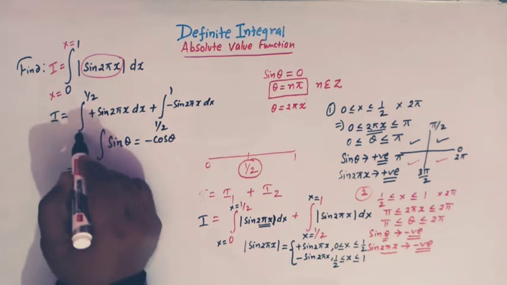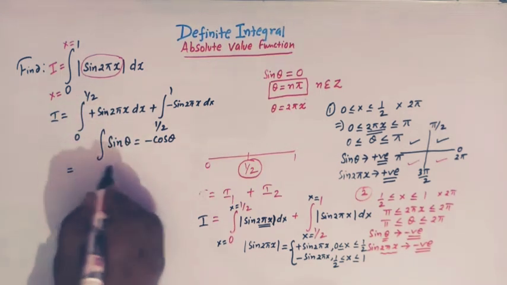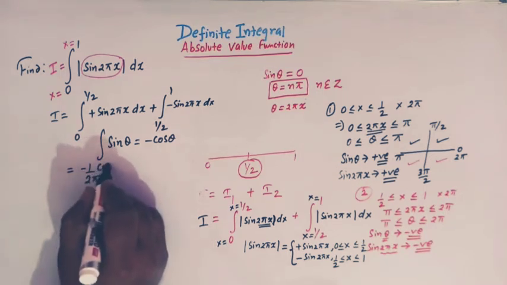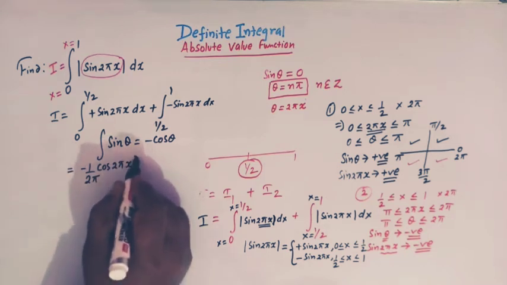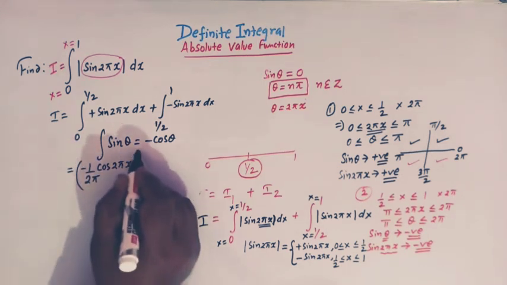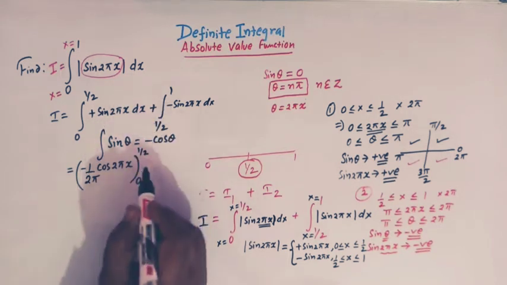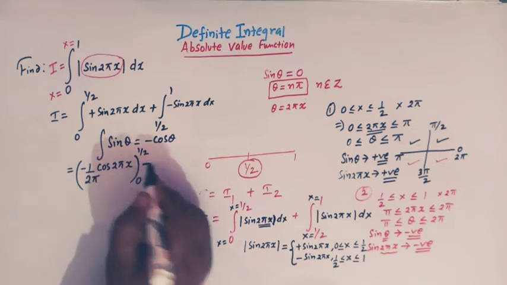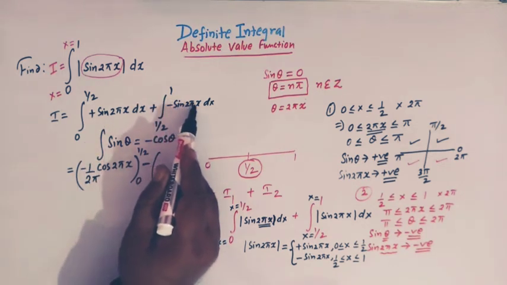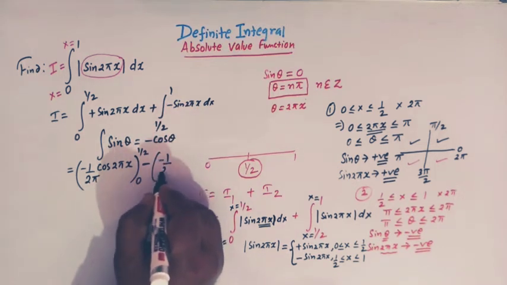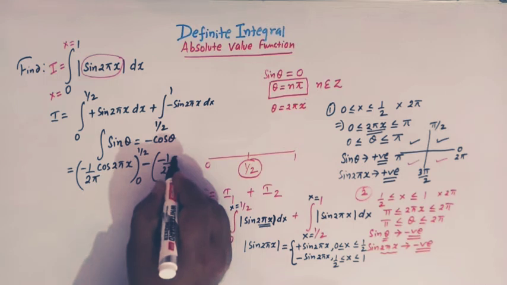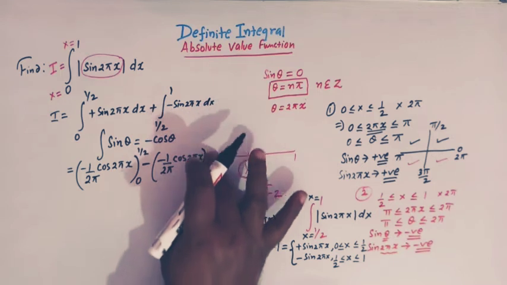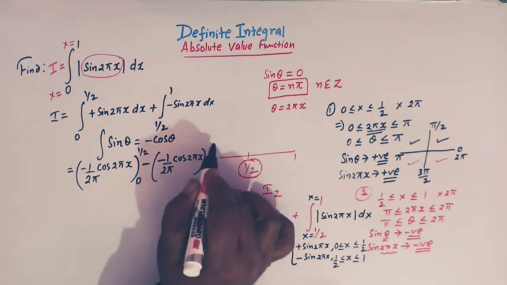So the integral of sine 2 pi x is minus 1 over 2 pi times cos 2 pi x, and the limits are from 0 to half. Similarly here we take the negative sign outside the integral, and the integral of sine 2 pi x is minus 1 over 2 pi times cos of 2 pi x, with limits from half to 1.